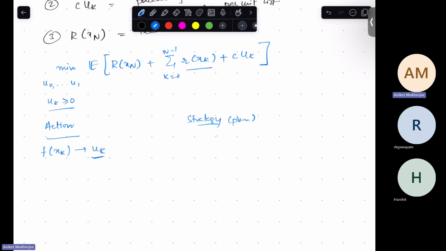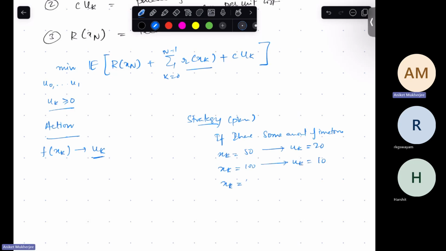What the plan tells is, if I have some amount of inventory, say my xk is 50, then you would say, okay, uk is I'll order 20. If xk is 100, then take uk to be 10.